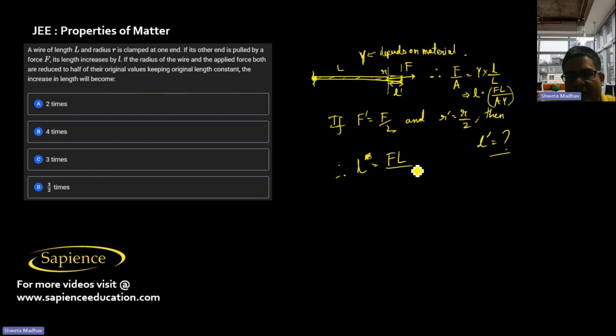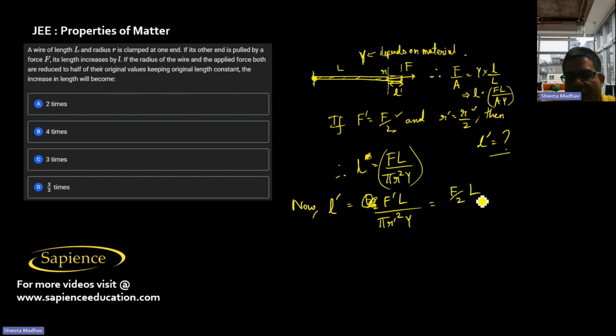Therefore l is FL by pi r square into Y. Now l dash, the new extension, when the force is halved and the radius of cross section is also halved, will be equal to F dash into L by pi R dash square into Y. So F dash is F by 2 into L by pi into R dash square, which is R square by 4, into Y, which is equal to 4 by 2, that is 2 into FL by pi R square Y, which is twice of l.